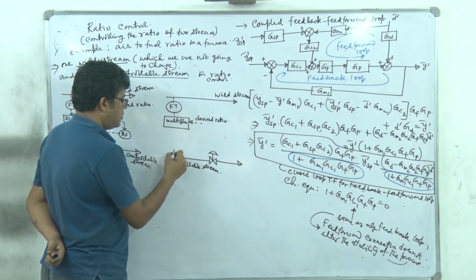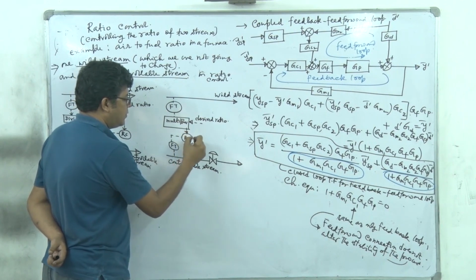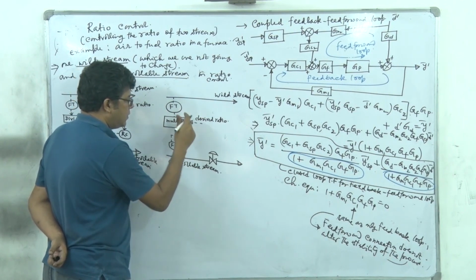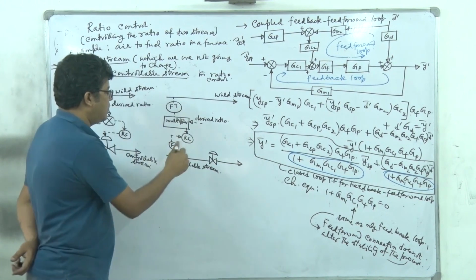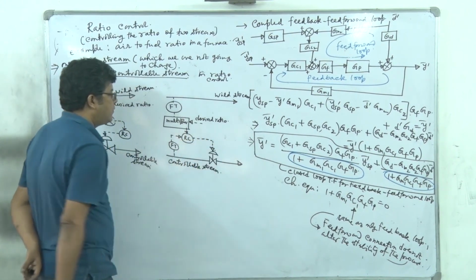Now the controllable stream flow I measure and feed that to the flow controller. Here the desired flow rate of this stream will be given, and now it will control this valve.